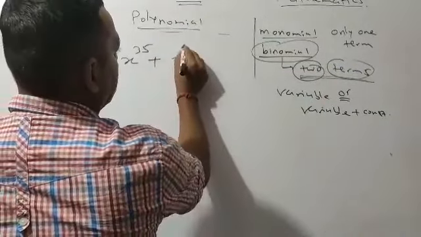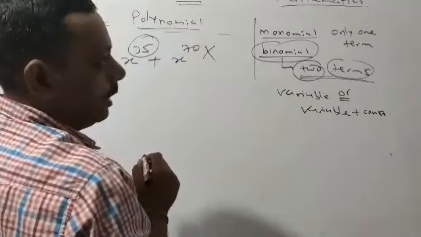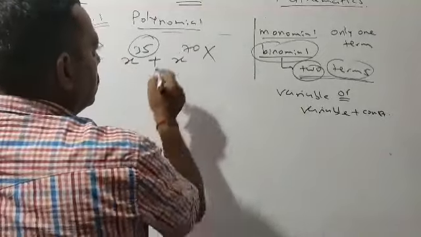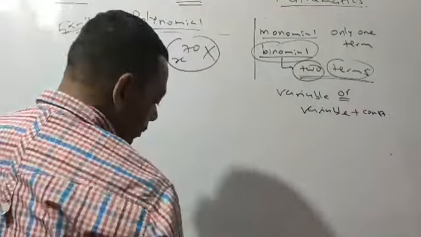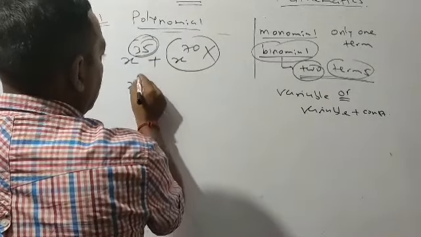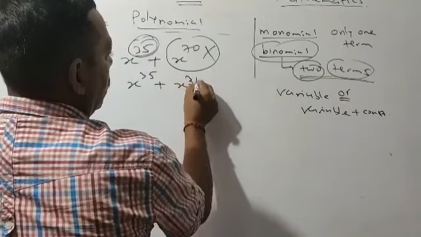Suppose anyone writes x raised to 70, then it is wrong because 35 is the degree, so there is no term more than 35. It means we have to write a term which is smaller than 35. So the right answer is x raised to 35 plus x raised to 34.